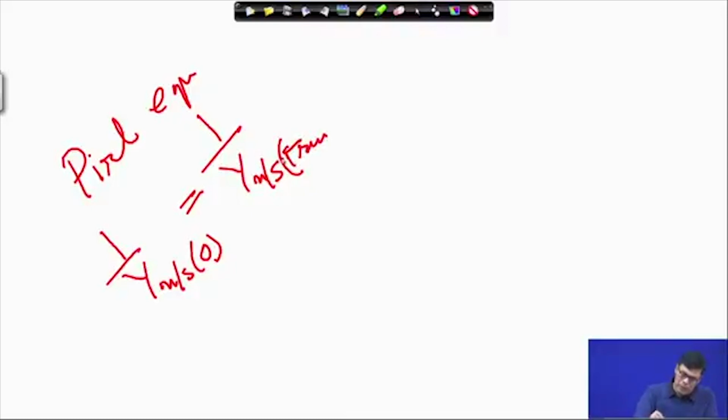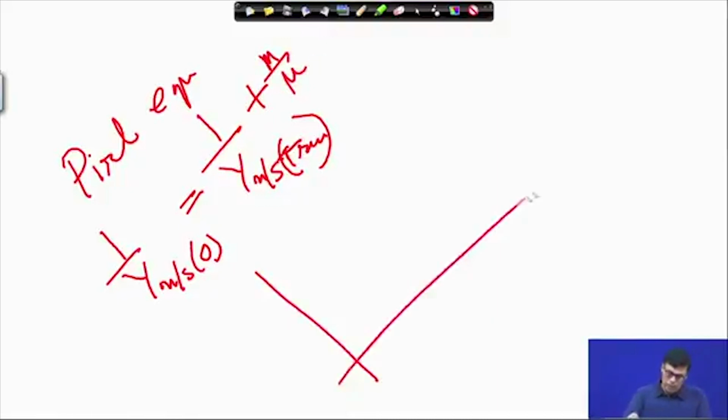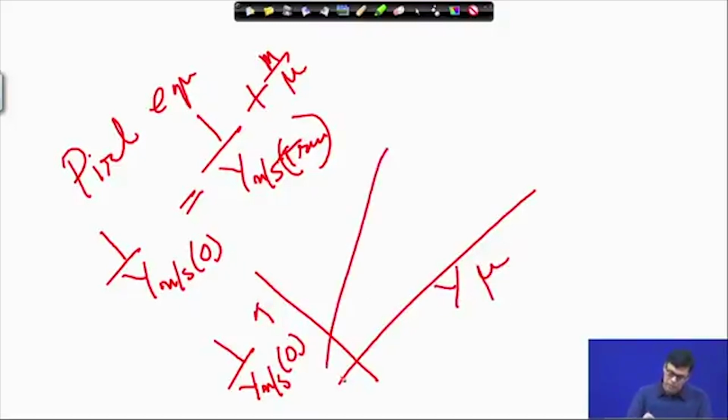True growth yield means, as I told you, that the substrate is used only for cell mass formation. The second term is m by mu. Am I right? Now, if you plot 1 by Y X by S overall versus 1 by mu, then you will get a straight line.